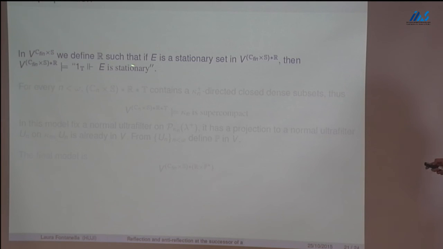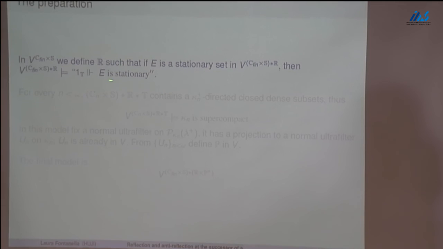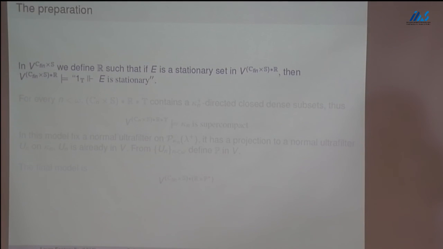So again, this is an iteration, and it is defined in such a way that if you have a stationary set in this model, then its stationarity is generically preserved. Namely, the maximal condition of T still forces that the stationary set remains stationary. So that means that you can find a generic for the threading forcing in which the stationary set is still stationary. Okay. Now, so R is this iteration, this preparation.